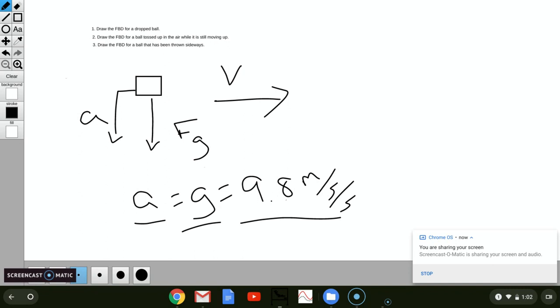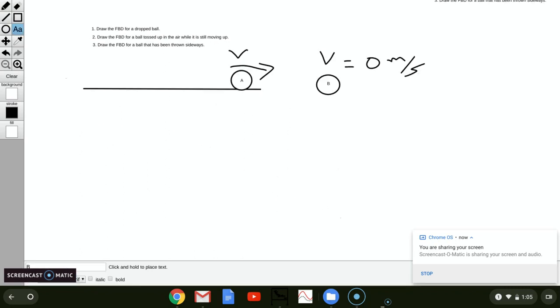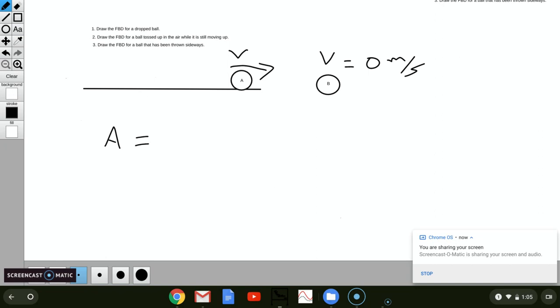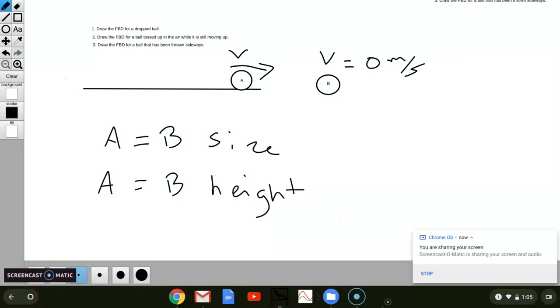You've got ball A and ball B, and you're going to have to forgive me because I'm having to draw this by hand, but A and B are supposed to be the same size, okay? The other thing is that A and B are the same height off the ground. I know it doesn't look like it, the way I drew it.